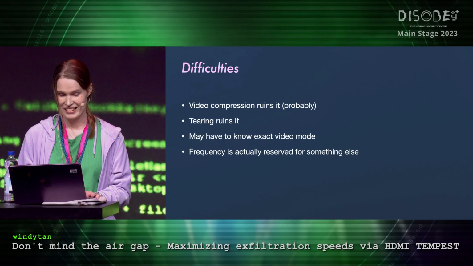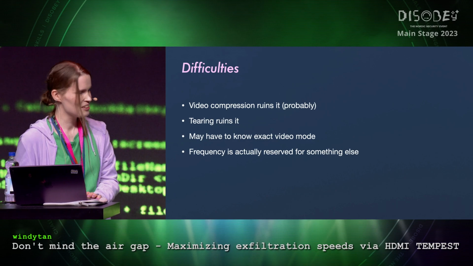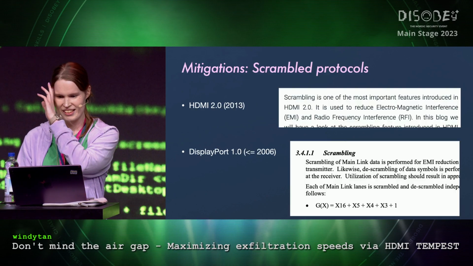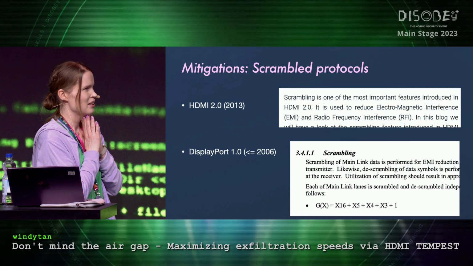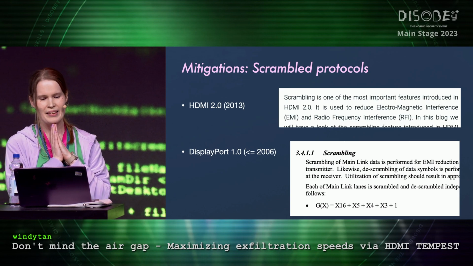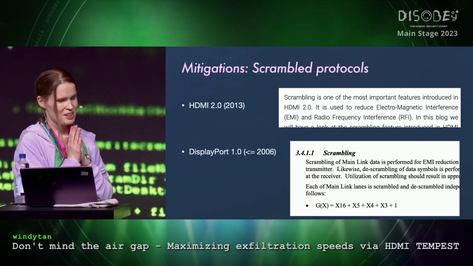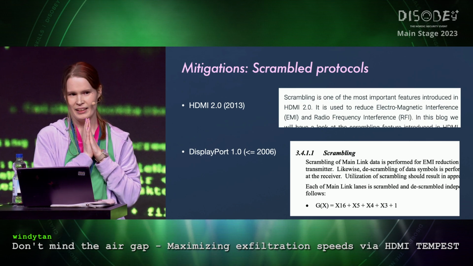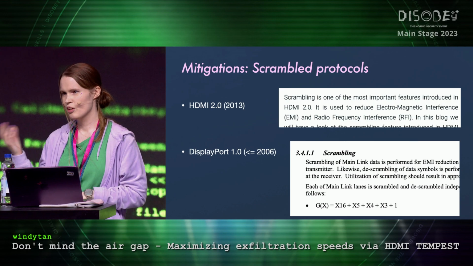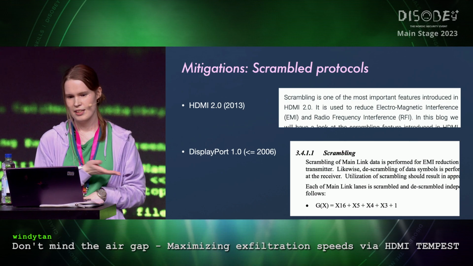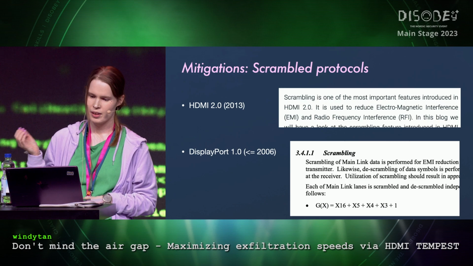So yes, how could we protect ourselves from this sort of attack? Well, HDMI is a pretty old protocol, and already in 2.0, 10 years ago, they added scrambling, which means that they add a pseudo-random sequence of numbers.